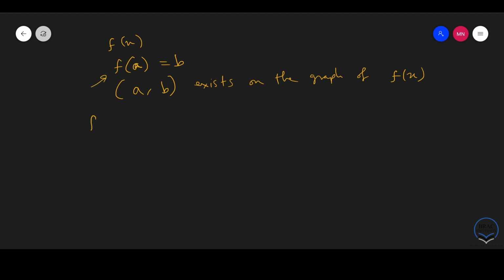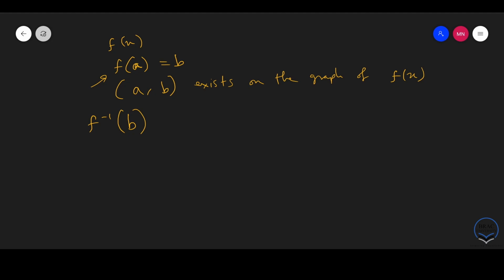Now, when we're graphing a function and its inverse function, let's consider some function f of x. If we input a into our function and it gives us b, then we can say that the point a comma b exists on the graph of the function f of x. And similarly, the inverse of this function inputs the output of function f.